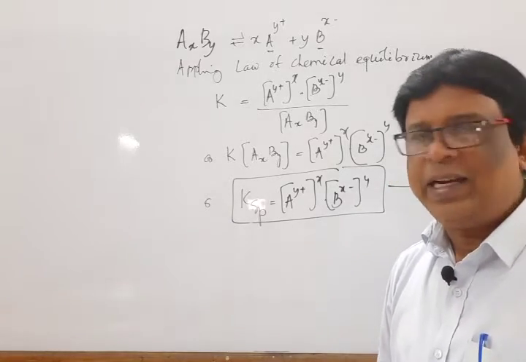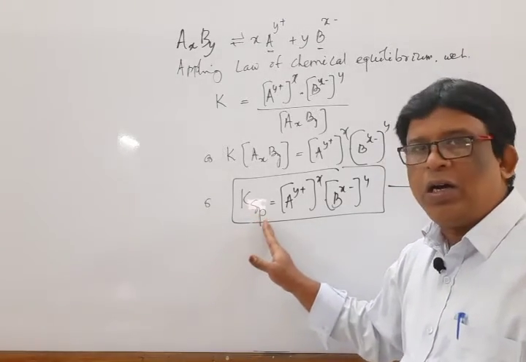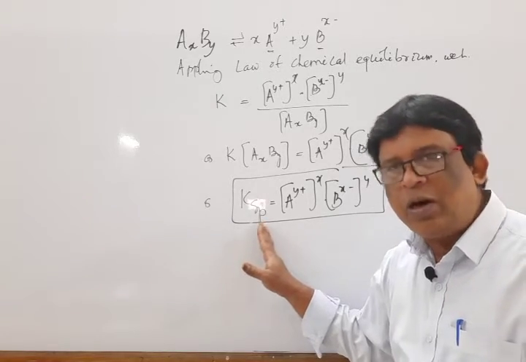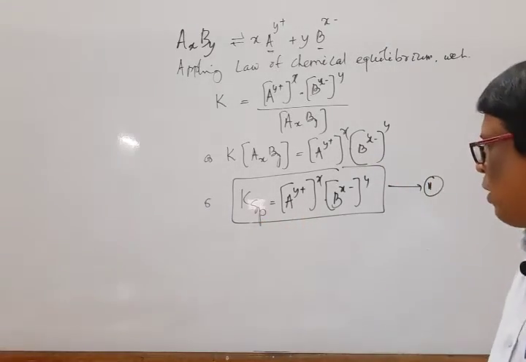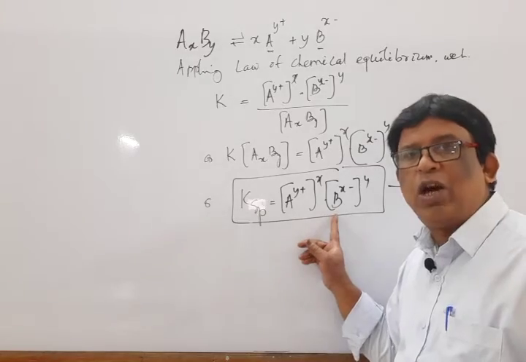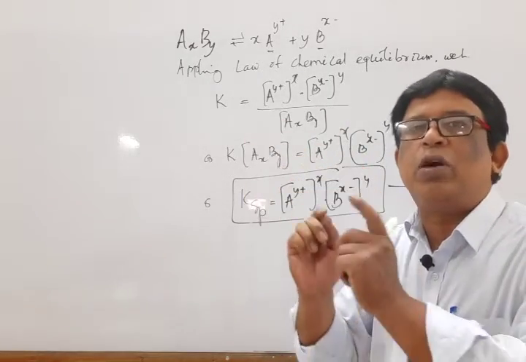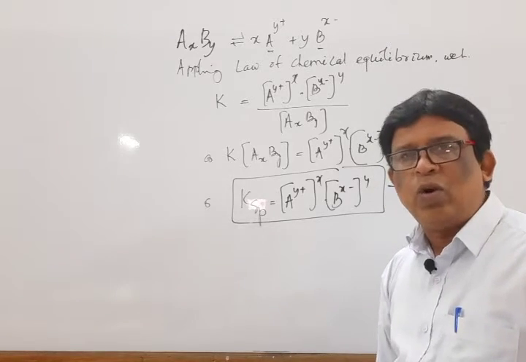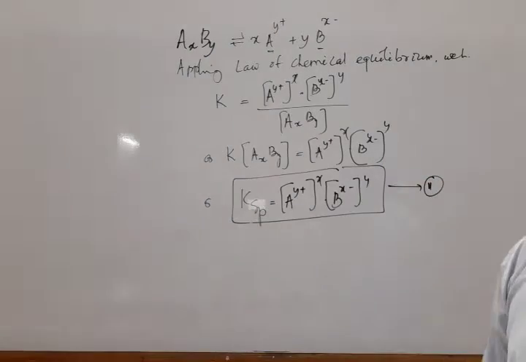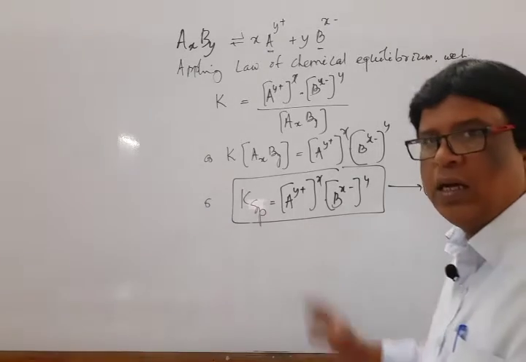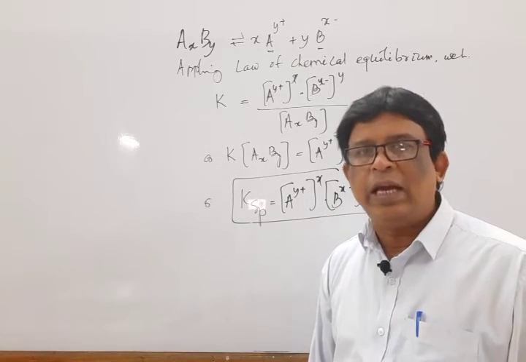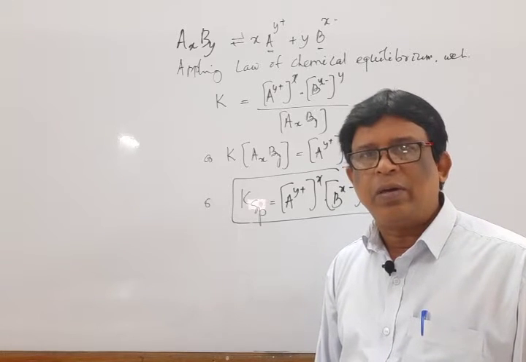I repeat again: the solubility product of a sparingly soluble salt may be defined as the product of the molar concentrations of the product species, each raised to the power equal to its coefficient in the balanced chemical reaction. It is the definition or symbolic expression for solubility product.